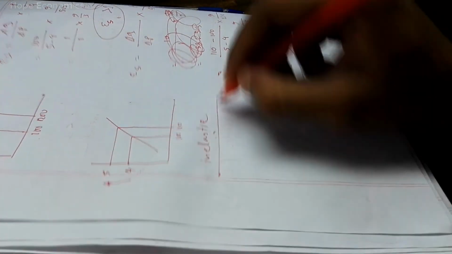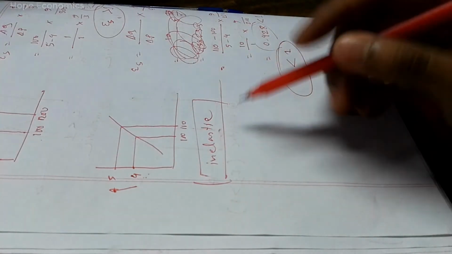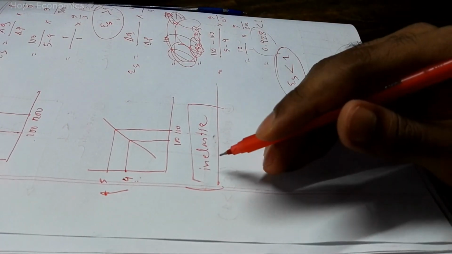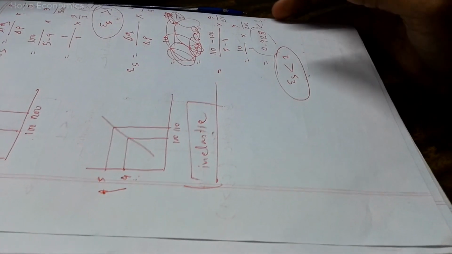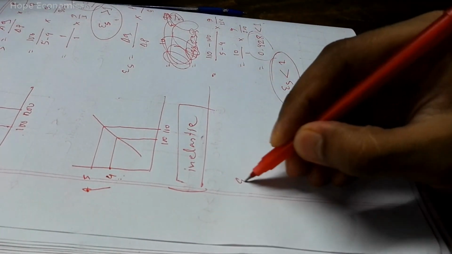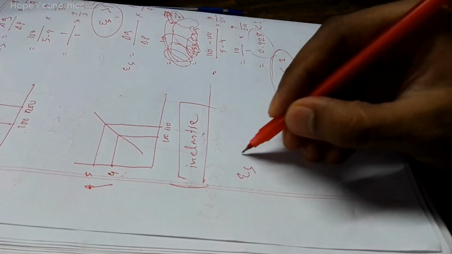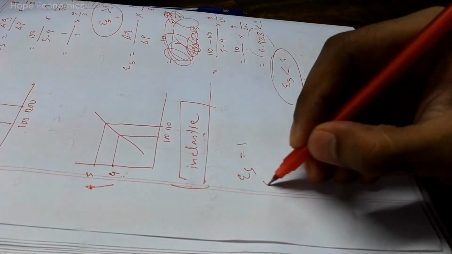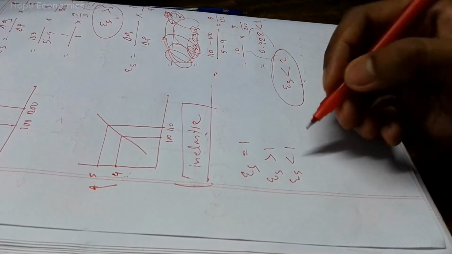Inelastic. So this is how we find out whether a good is elastic or not. After having the data, we do the sum and find out whether the good is elastic or not. What we have to keep in mind: if the elasticity of supply is equal to 1, it's unit elastic. If ES is greater than 1, it's elastic. If ES is less than 1, it's inelastic.